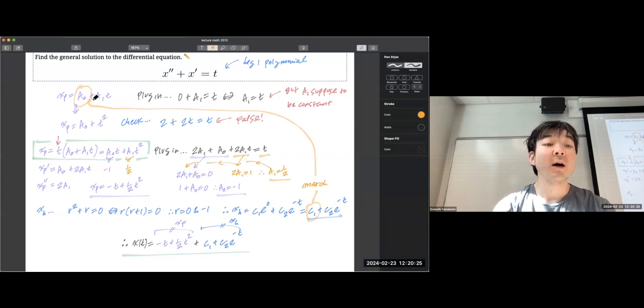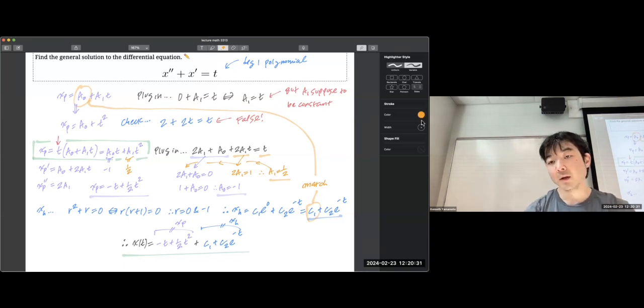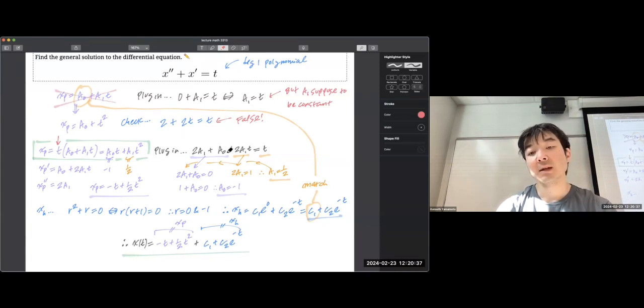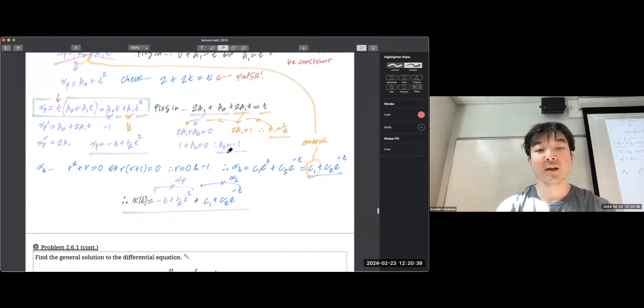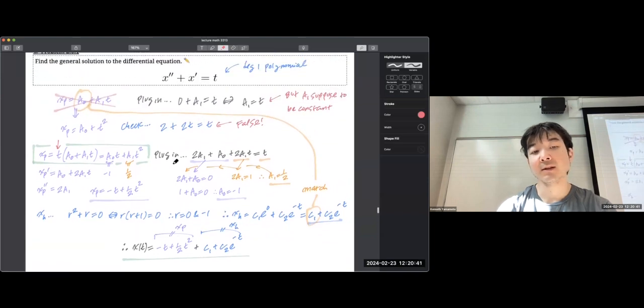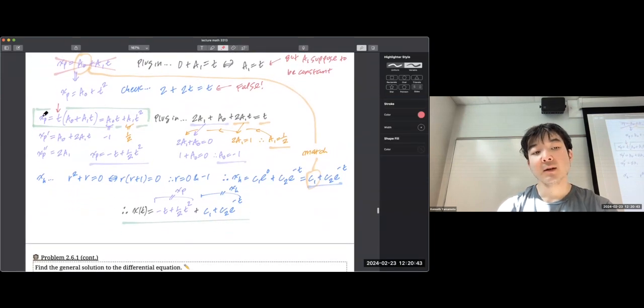So you could preemptively say this one's not going to work. I'll do one that's more obvious, so we'll just say that and move on. But for this one, we had some confidence that multiplying by t should do it, and it worked out when we did that.